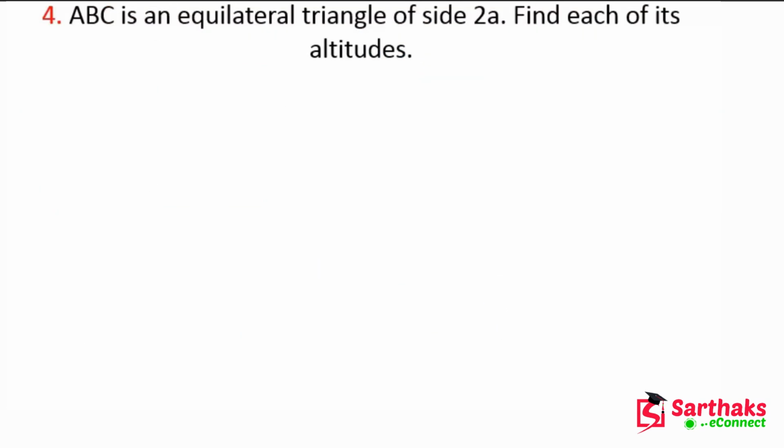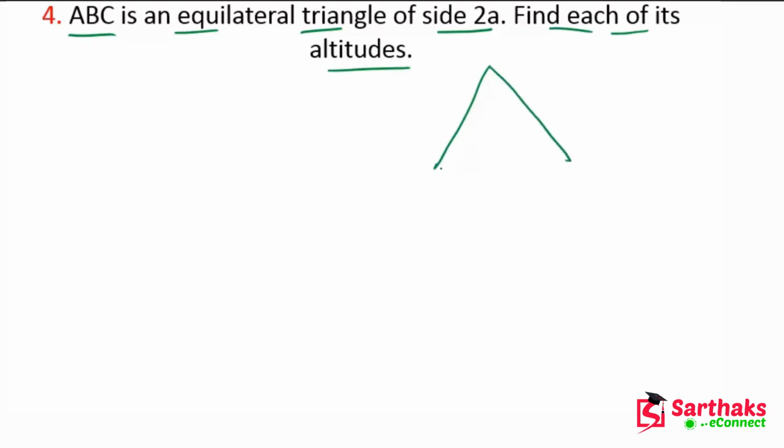Yes, so what is question 4th? ABC is an equilateral triangle of side 2a. Find each of its altitudes. Now we have to find all altitudes. So let's draw the equilateral triangle.